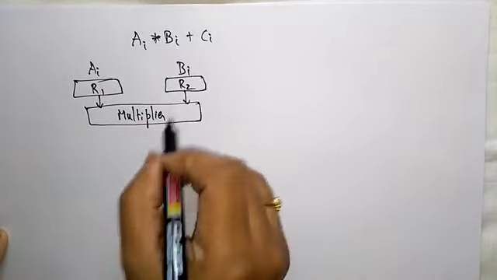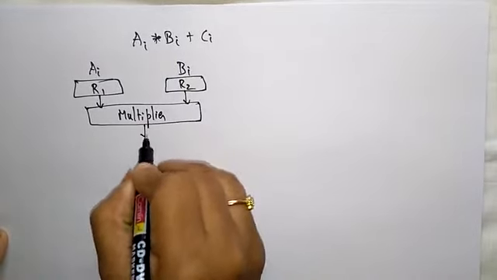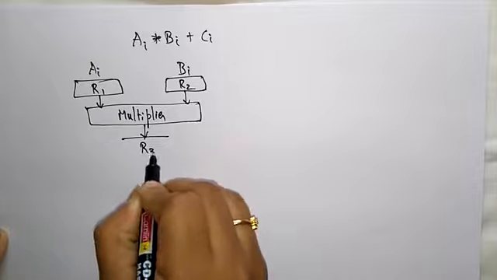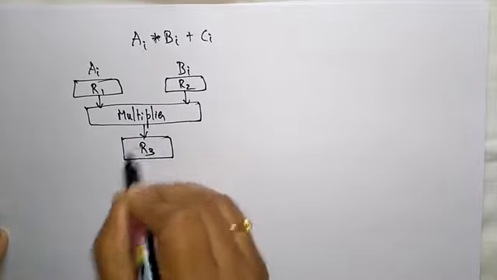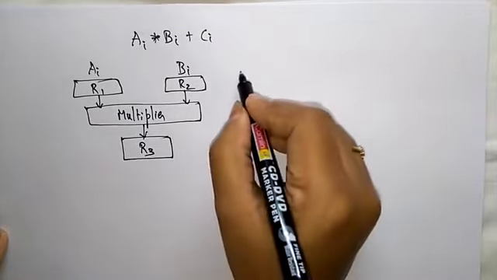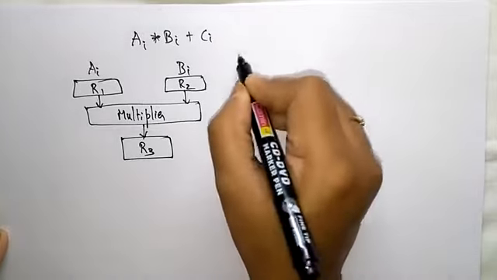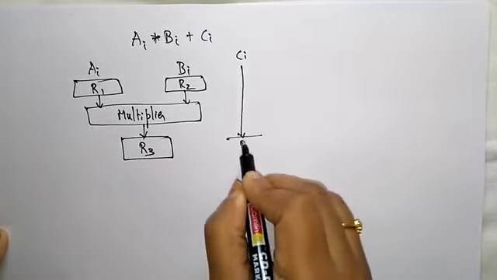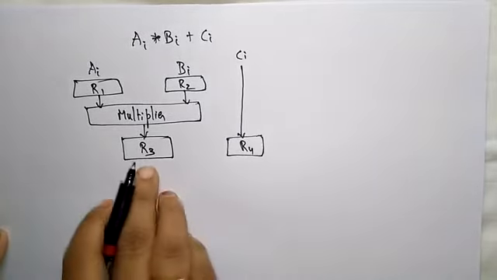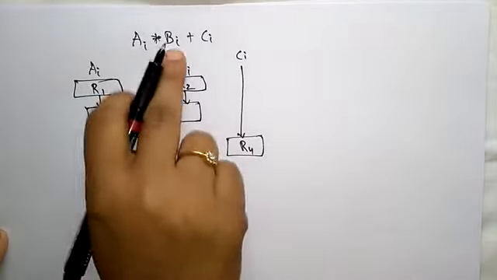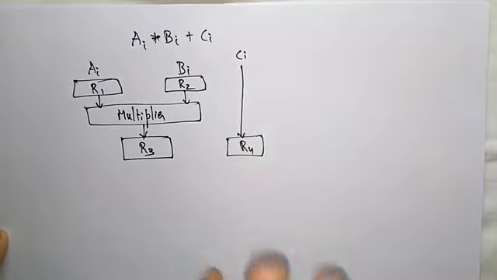After that multiplication, the value will be stored in the R3 register. Okay. So again you have to place the Ci in the R4 register. Now R3 contains Ai * Bi and R4 contains the Ci.